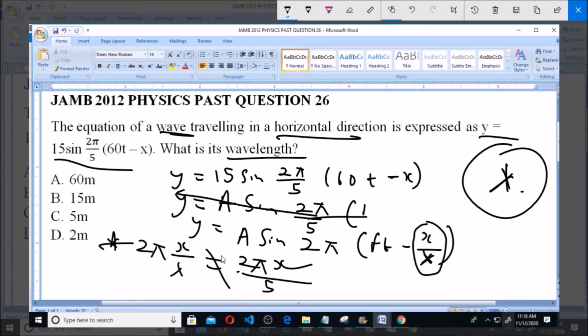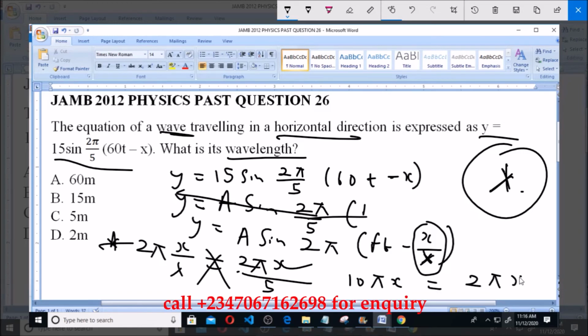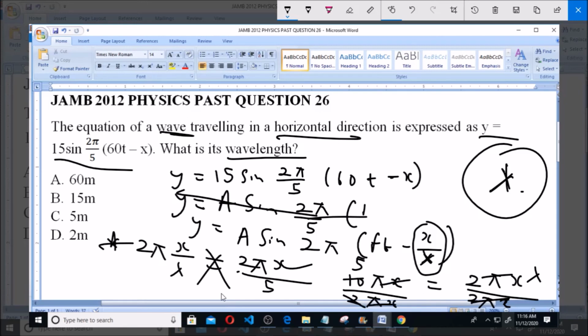If you cross multiply, you would have 5 times 2, which is 10πx, equal to 2πx lambda. Then you make lambda the subject of the formula, so you divide through by 2πx. 2πx cancels 2πx, and 10 divided by 2 is 5. Therefore, lambda is equal to 5 meters.